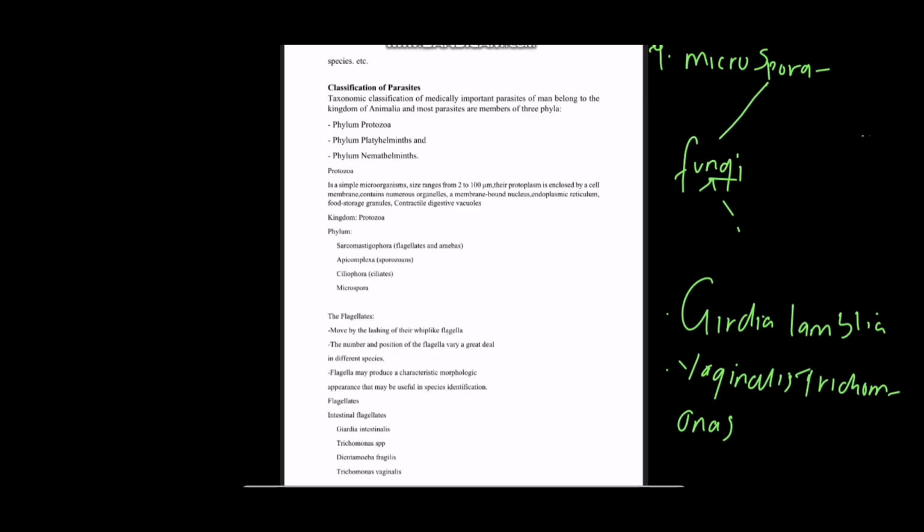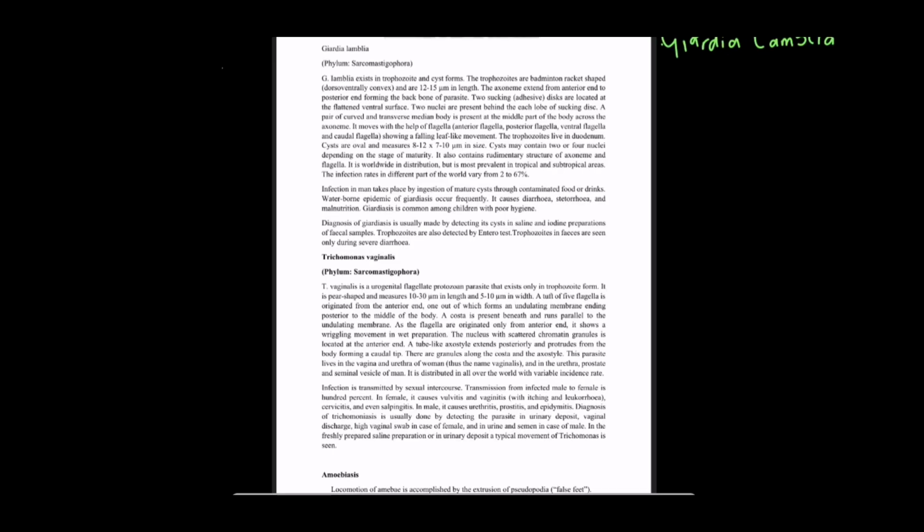The Giardia lamblia, let me explain this in summary. The Giardia lamblia exists in two forms: the trophozoite and the cyst.